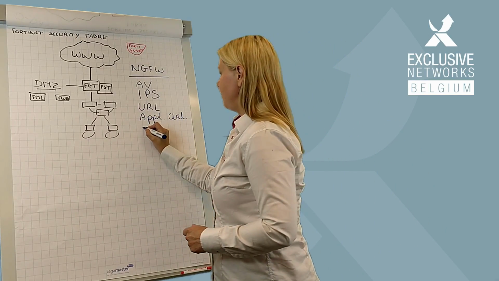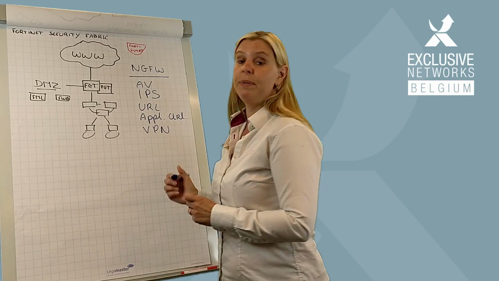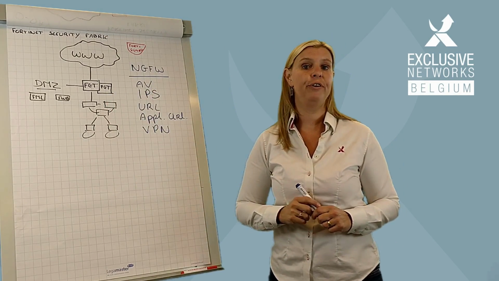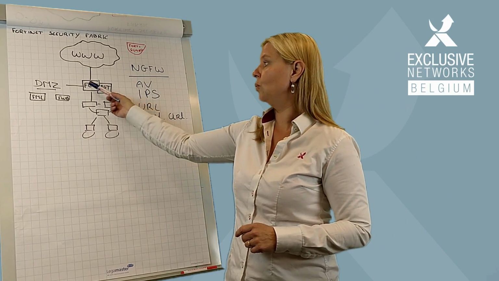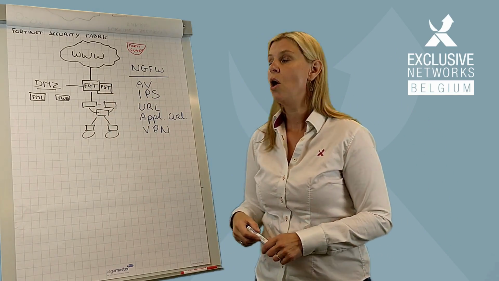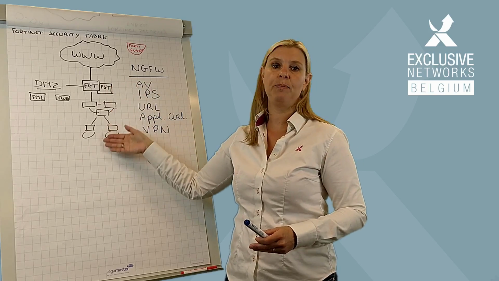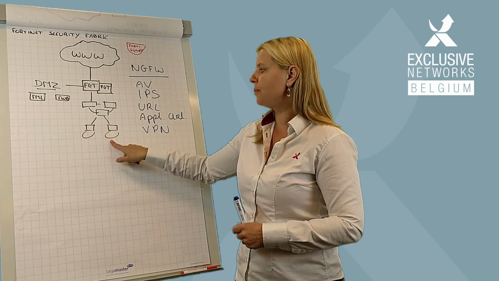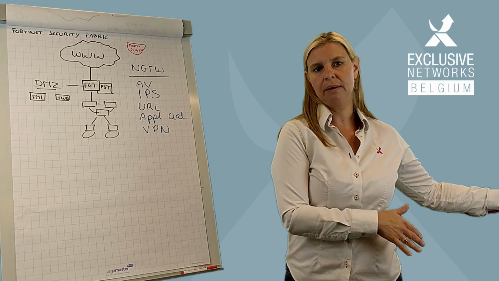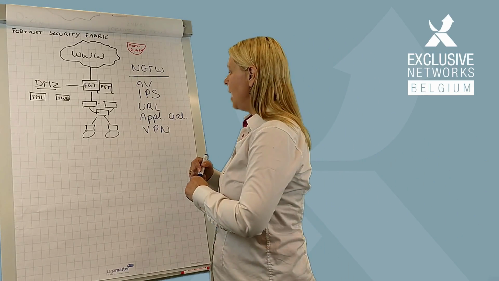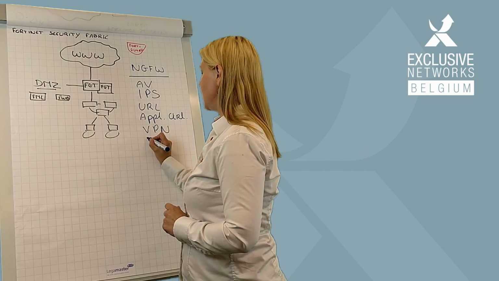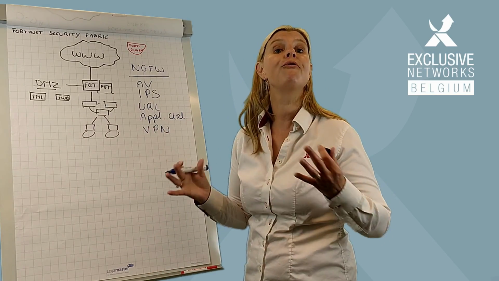We also have our VPN functionality, of course, so we can set up site-to-site VPNs between different FortiGates, or we can have client-to-site VPN, so encrypted tunnels, when Bob, for instance, wants to work remotely from home. And also a very important functionality nowadays, and it comes free of charge.